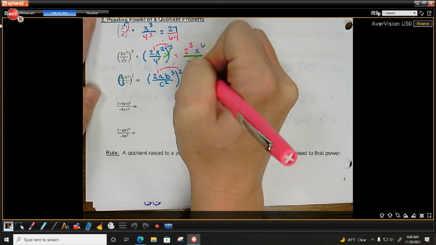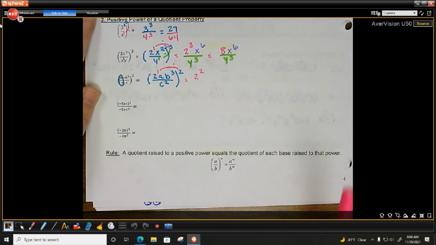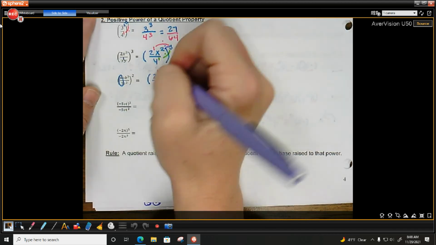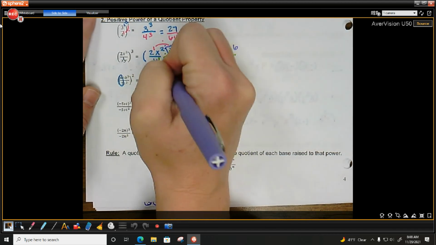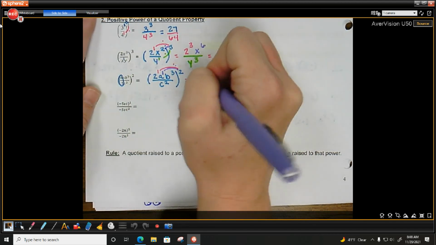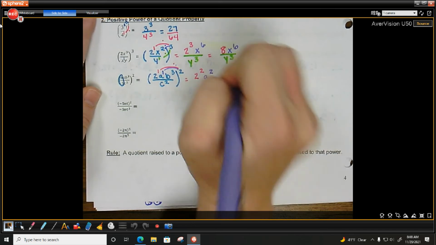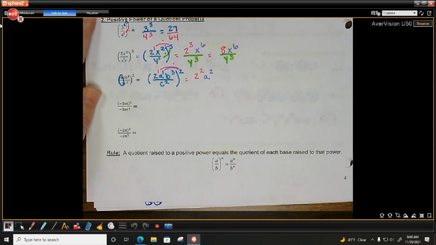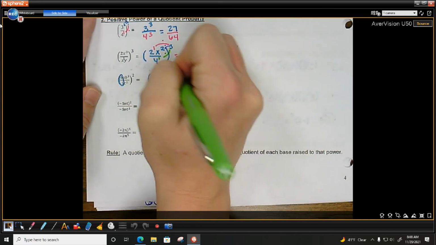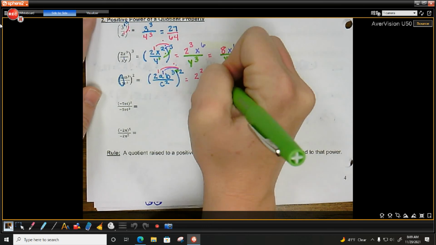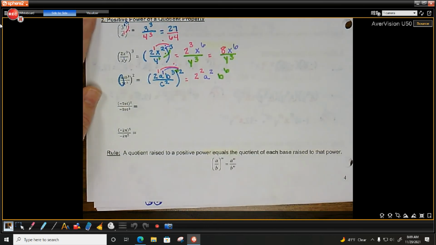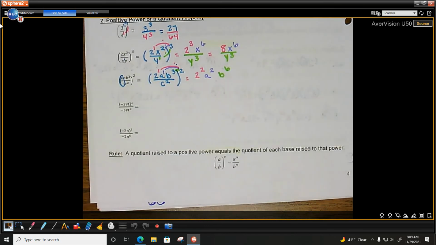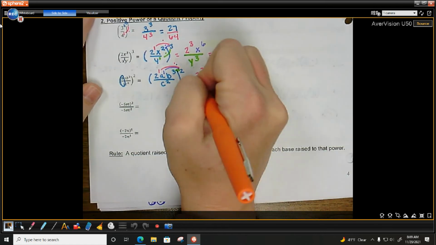A has an exponent of 1. So that becomes a to the second power. And b has an exponent of, so that becomes b to the, and then over, what's that become?